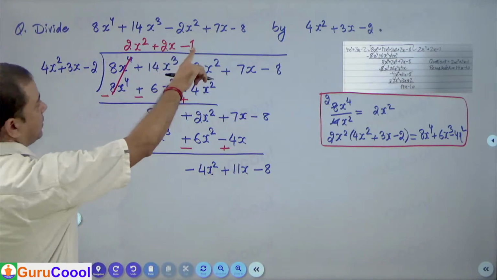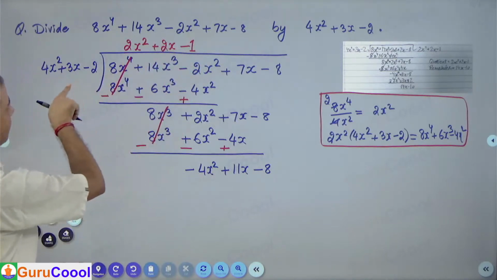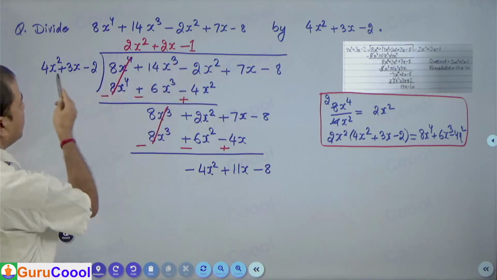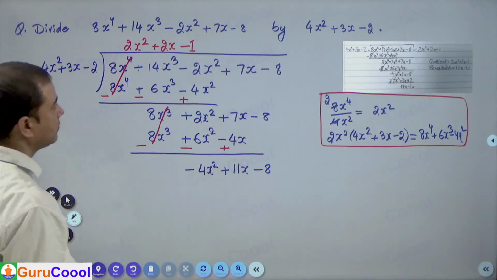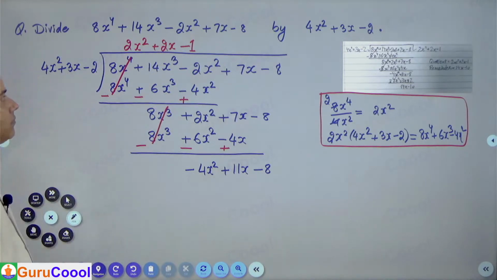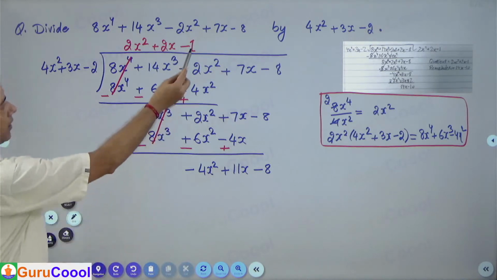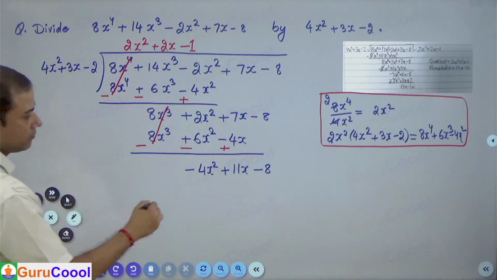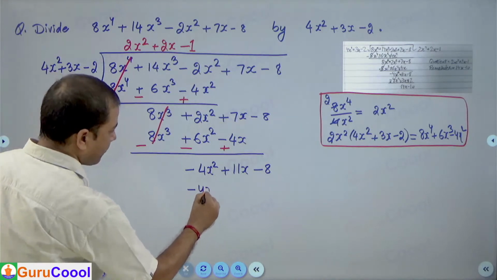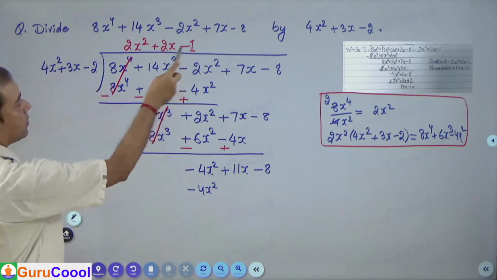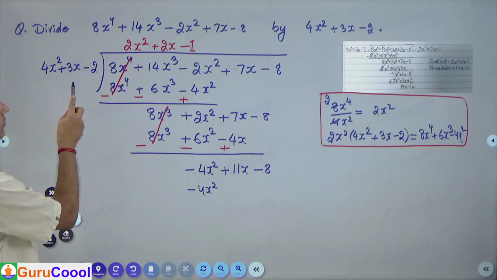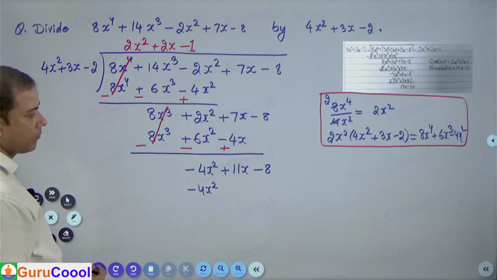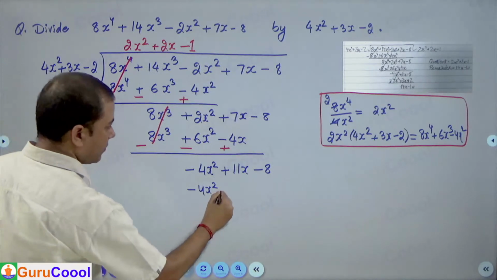Now minus 1 will be multiplied with the divisor to write here. So tell me, minus 1 into 4x square. Minus 4x square. Minus 1 into 3x, minus 3x.